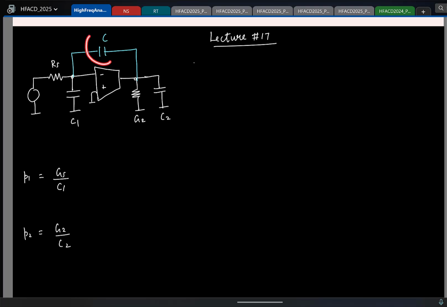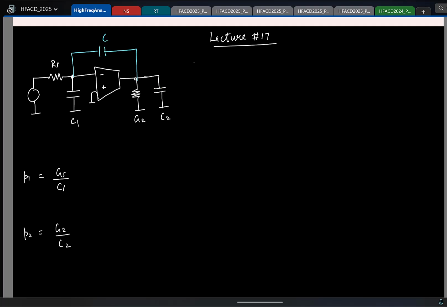Now we know that we have a capacitance across an amplifier. We can use the Miller effect exactly if we know the true voltage gain from the input to the output. That would have been possible with a voltage controlled voltage source, but this being a VCCS, we do not know the exact voltage gain. So we decided to approximate by looking at low frequencies, where the capacitors can be considered open.